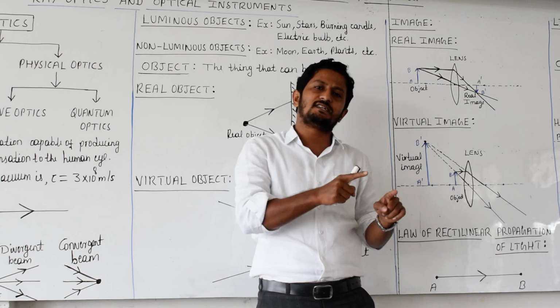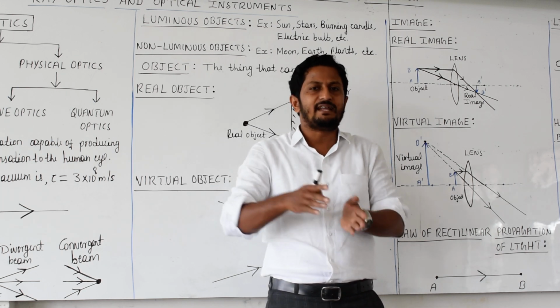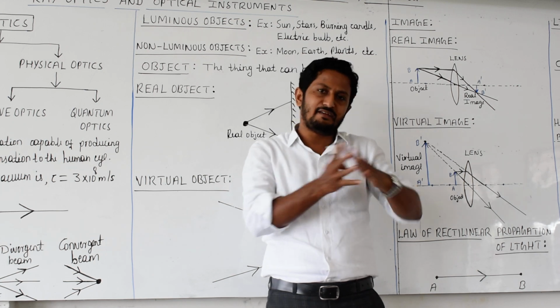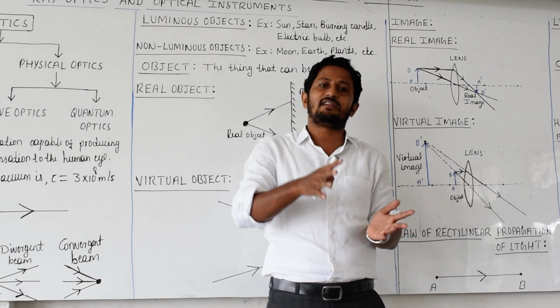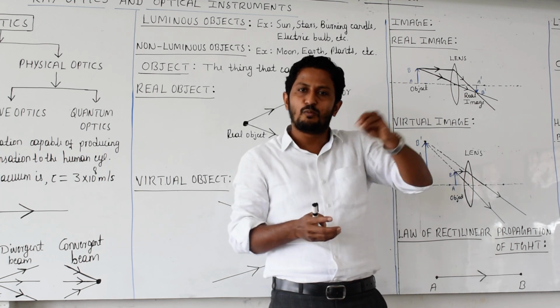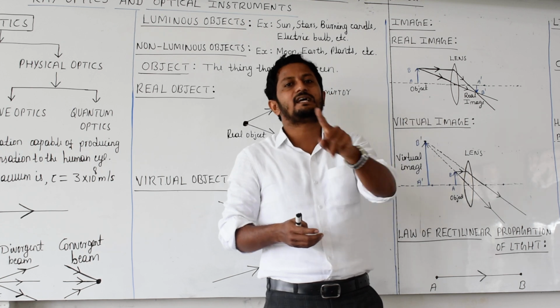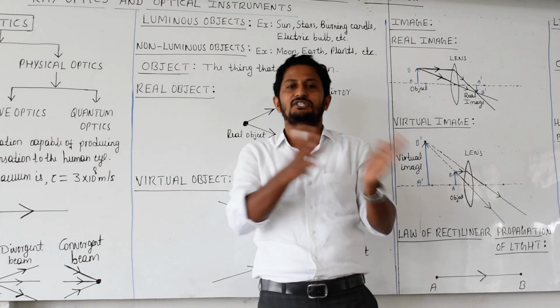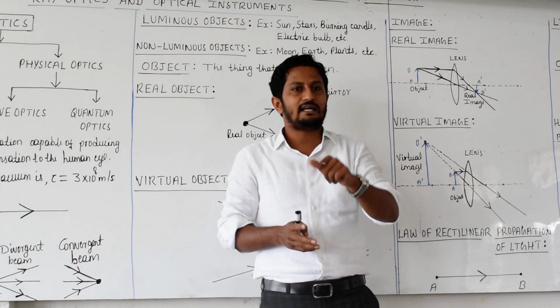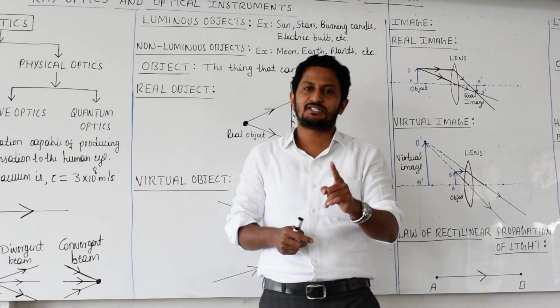Once they are incident on such elements, those light rays may reflect or refract. After reflection or refraction, those light rays meet somewhere. Where they meet, there they produce the image of that object. That we call an image.